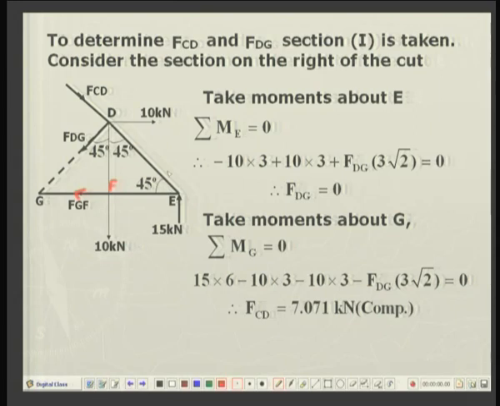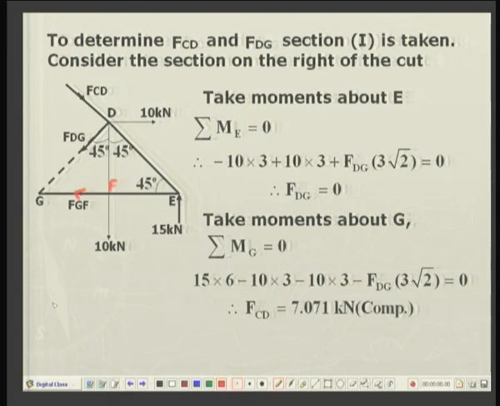So, by taking these moments, let us see, there is a 10 kilonewton force and this will produce a clockwise moment about E. So, clockwise is negative, 10 into 3. So, minus 10 into 3 plus this will produce an anticlockwise 10 into 3 plus FDG.